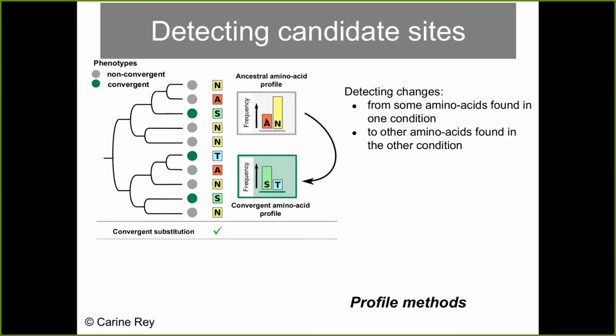Here we have these frequencies for amino acids A and N, and there those frequencies for amino acids S and T. And so profile methods will use this information basically to try to identify sites where you do find differences in amino acid frequencies in the species with the non-convergent phenotype versus species with the convergent phenotype.